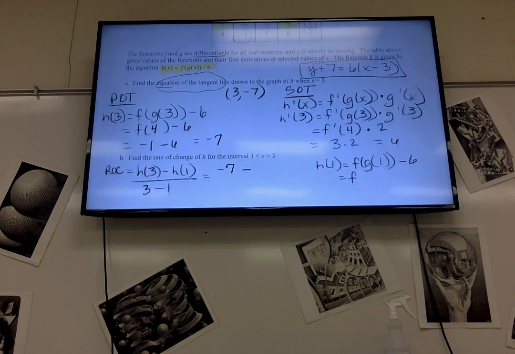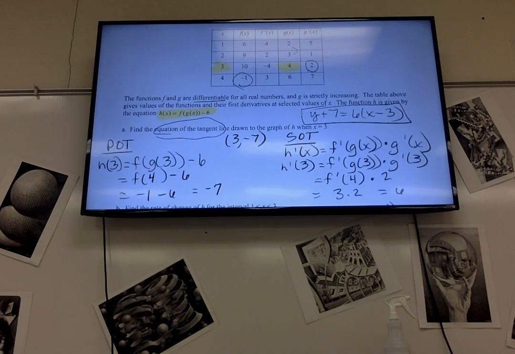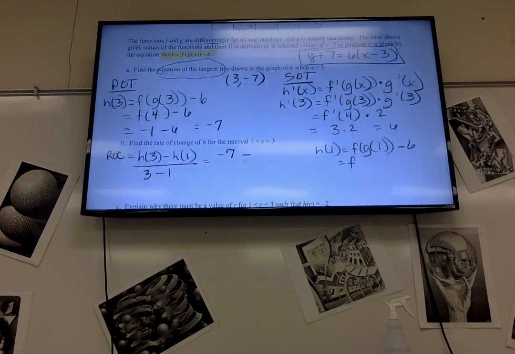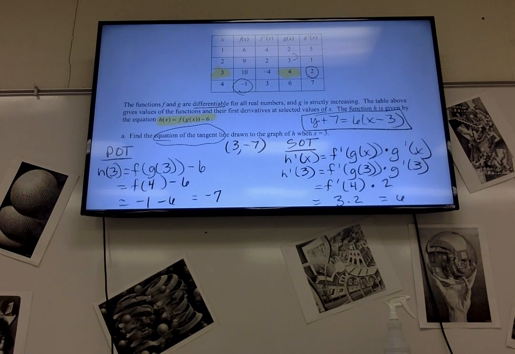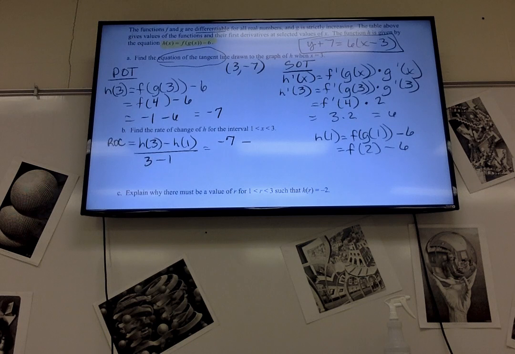G of 1 is 2, and f of 2 is 9. So that's 3. Negative 7 minus 3 is negative 10 over 2, which is negative 5. There's your average rate of change. So when it says rate of change, that's just slope.